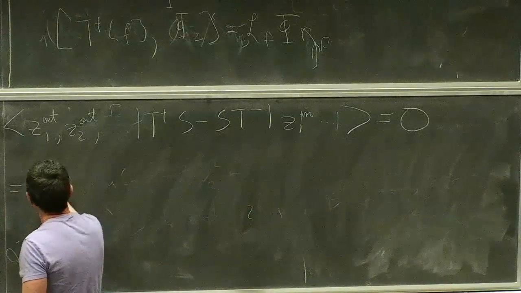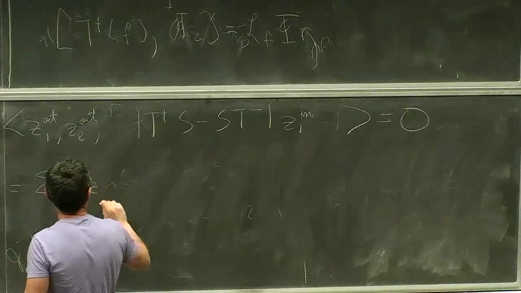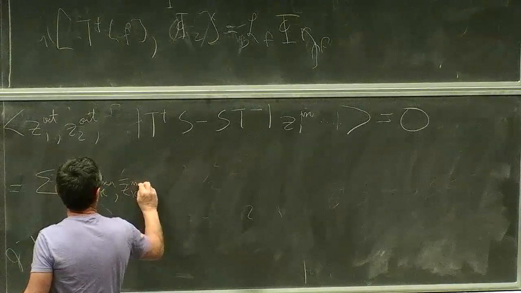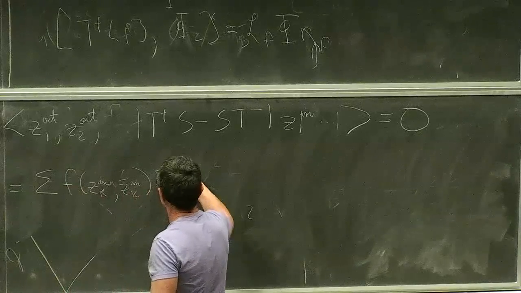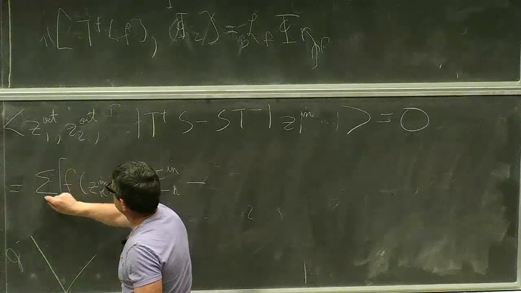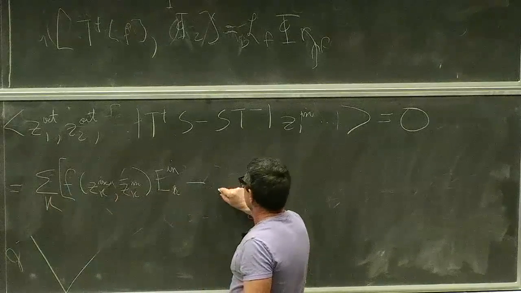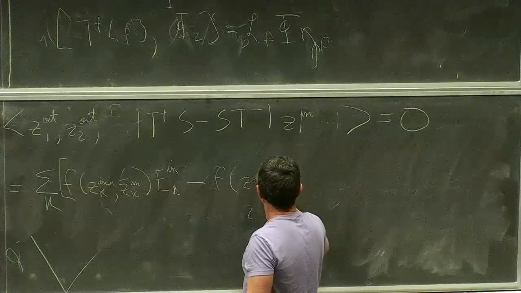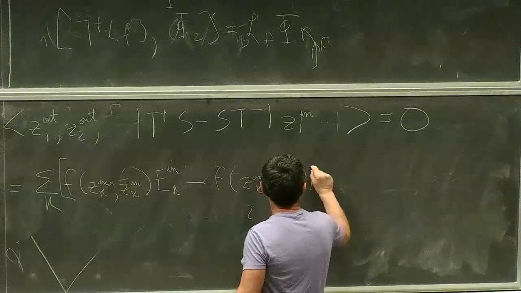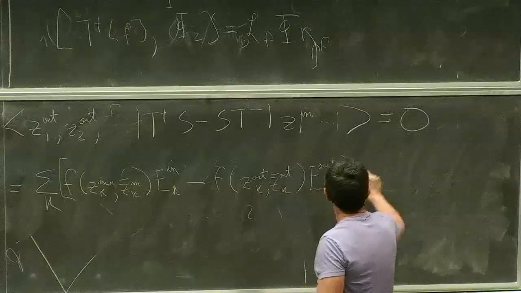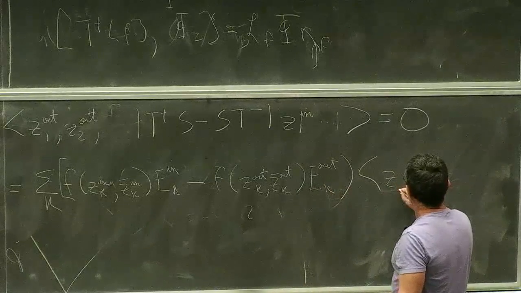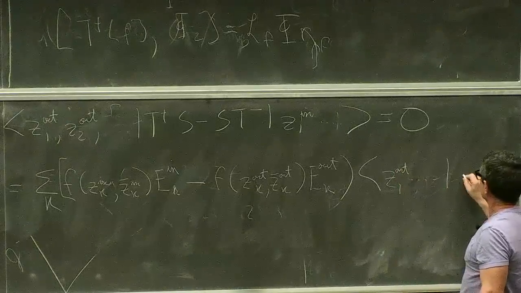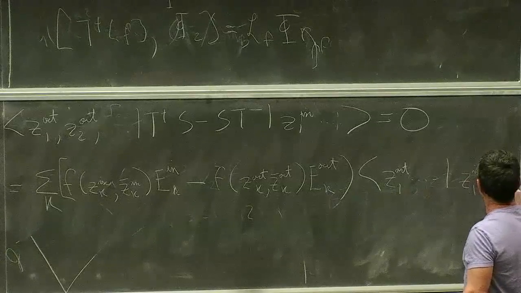I get that it's the sum of F of z_k in, z bar_k in, E_k in, minus, so this is the sum for all ingoing and outgoing particles, F at z_k out, z bar_k out, E_k out, all times the amplitude to go from whatever my in state was to whatever my out state was.